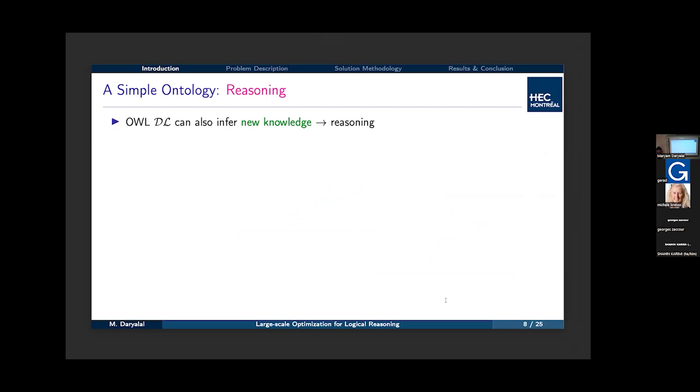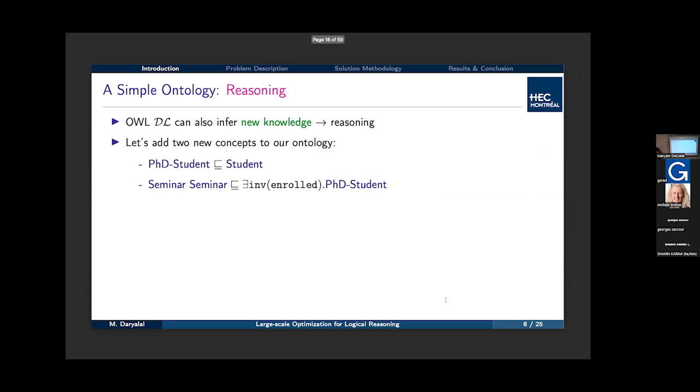I kept saying that we can extract knowledge and reason using this description logic, so let's see what that is. We call this inference. We can infer new knowledge from our data models, and this is our reasoning. For example, to our simple ontology, I add a new concept, PhD student.